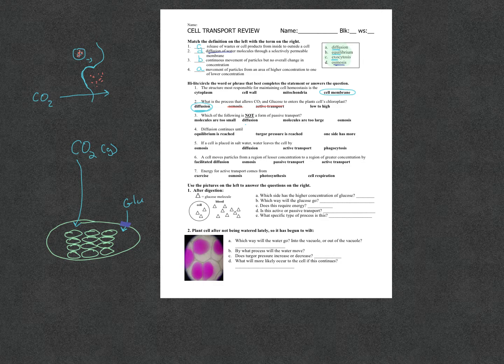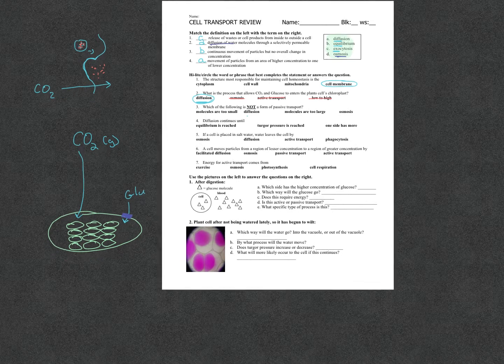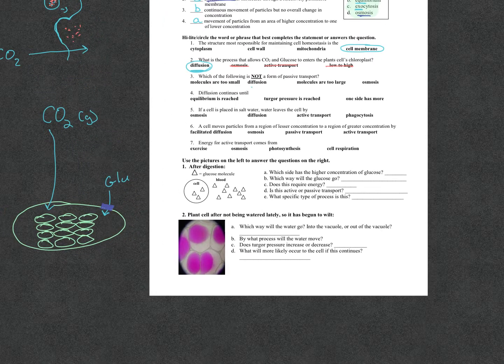Glucose could be actively transported, but it isn't. It goes from high to low under normal circumstances. Low to high is active transport, right? When you're going from low to high, it's active transport. So diffusion is the best option here.